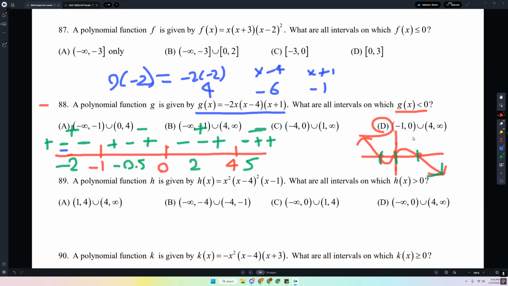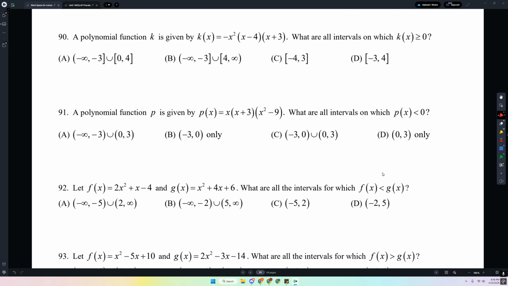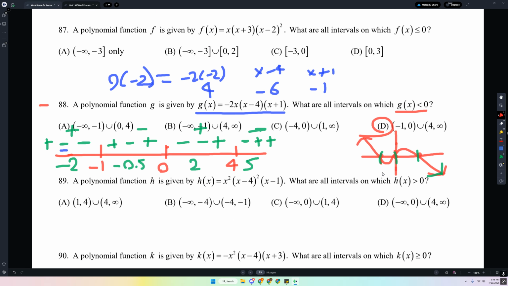Okay, does that make sense for sign charts? Because you'll see this again in Unit 2 with logs and exponentials. Someone's typing, so I won't scroll yet. You do sign charts in Unit 2 as well when you have to do inequalities with logs and exponentials.